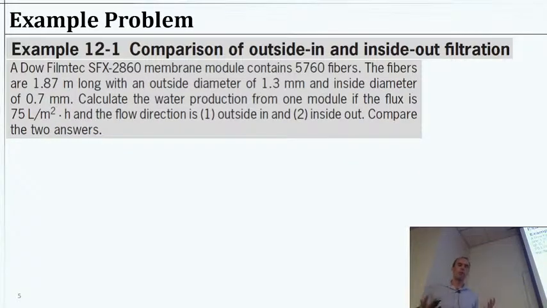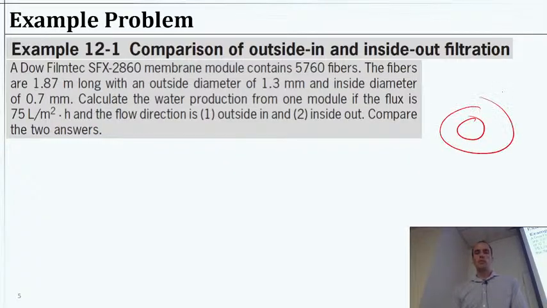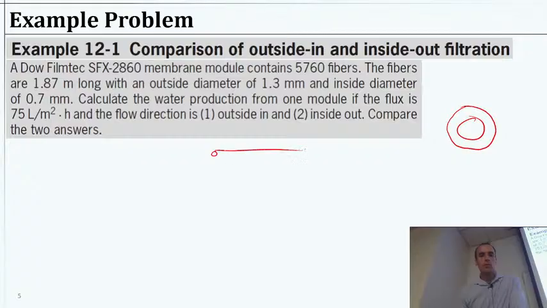So here we have a comparison of an outside-in and inside-out filtration. So remember, we're dealing with some sort of a tubular type of situation. And we have a Dow FilmTech membrane module containing 5,760 fibers. The fibers have some length, 1.87 meters long. So these are long, thin fibers, hollow fiber membranes.